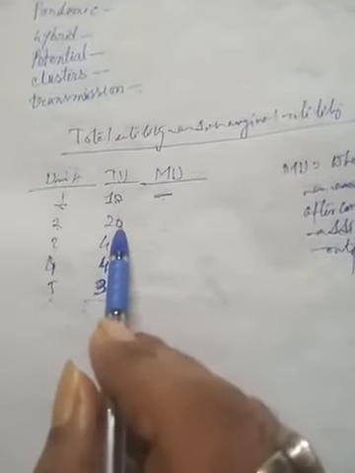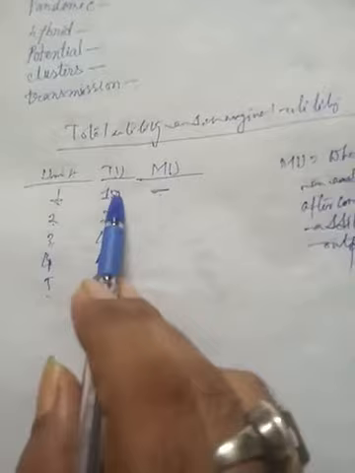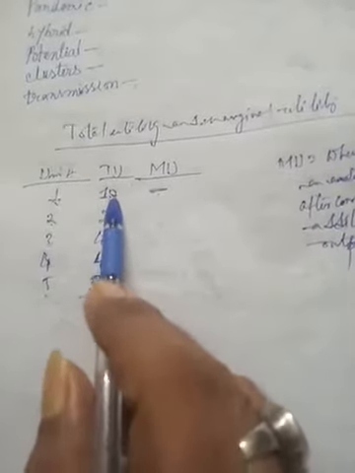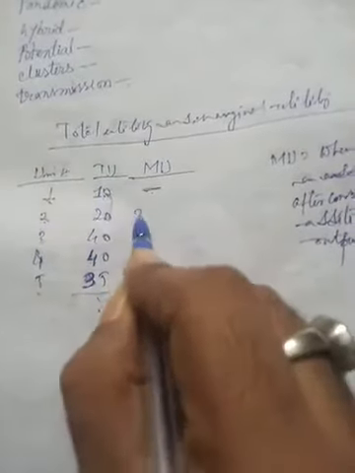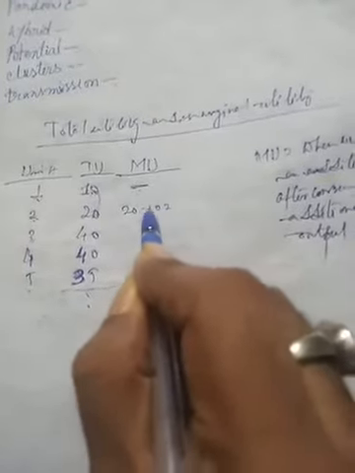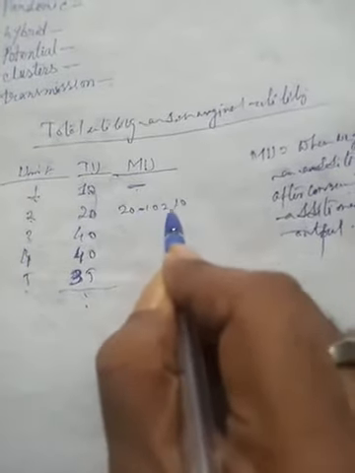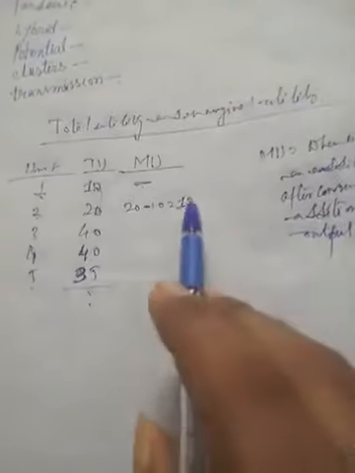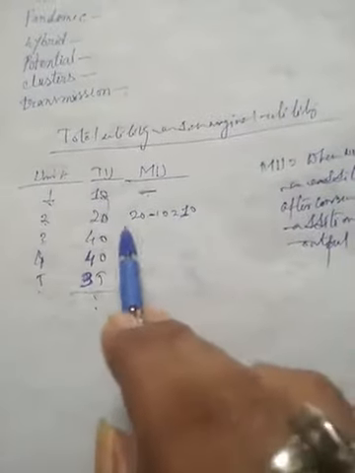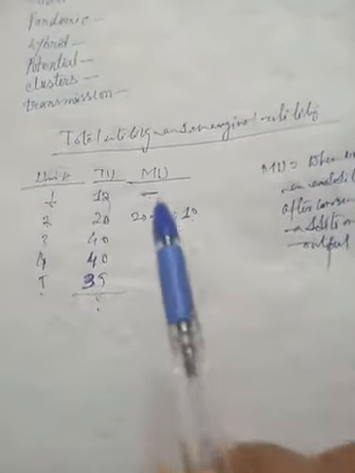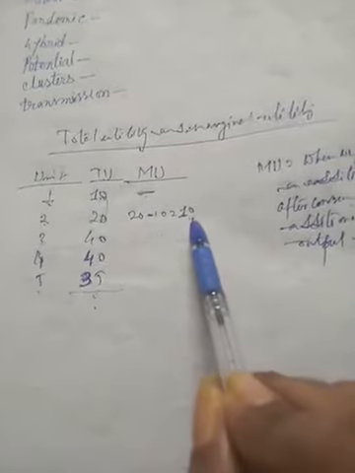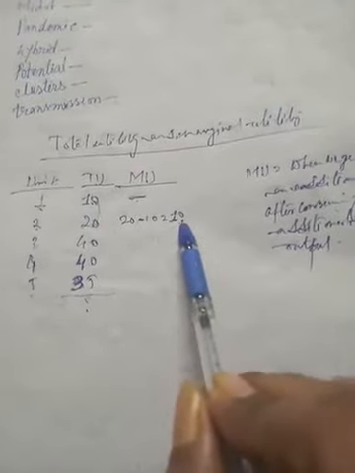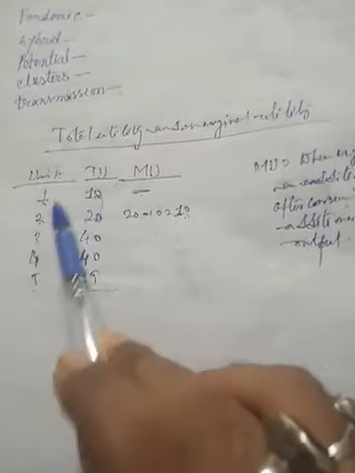In the second unit we get 20, in the first unit we get 10. So 20 minus 10, that means 10. That is marginal utility. Marginal utility is the additional utility when we take an additional unit of output.